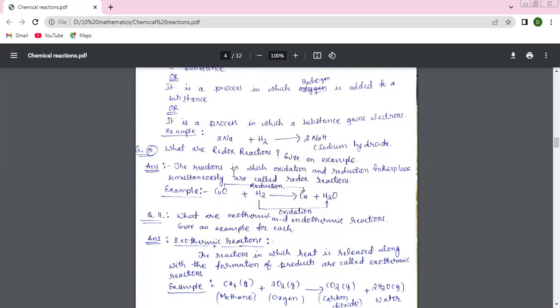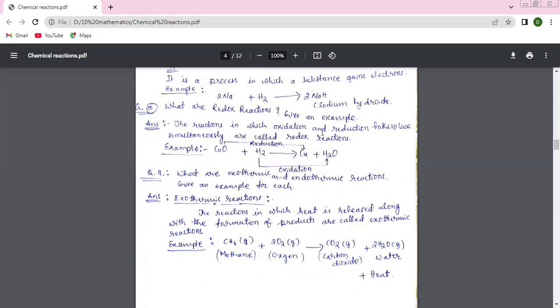Next, we'll see what is the redox reaction. Give an example. The reactions in which oxidation and reduction take place simultaneously are called redox reactions. That means you can see here the reduction reaction, it loses the electron here. So oxidation and reduction, both reactions are there.